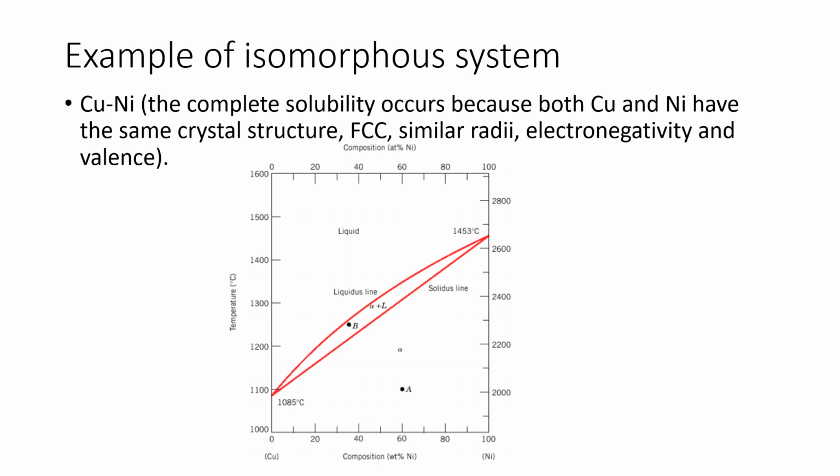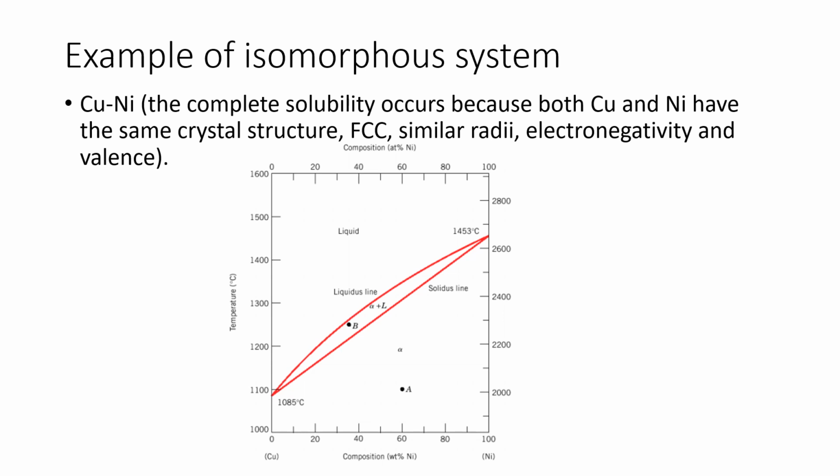If we discuss the phase diagram of copper and nickel, the melting point of copper is 1085 degrees centigrade. So copper below 1085 degrees centigrade is solid, until we cross 1085, then it starts melting. The solution is liquid above 1085.